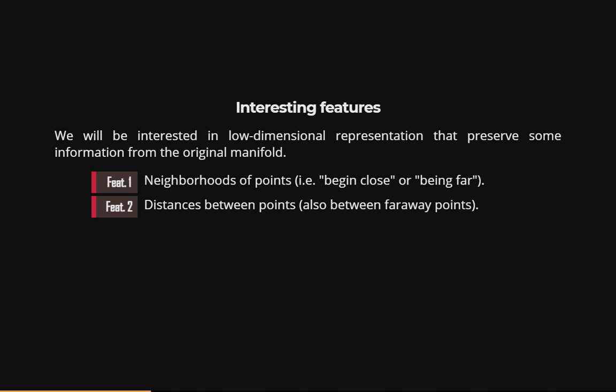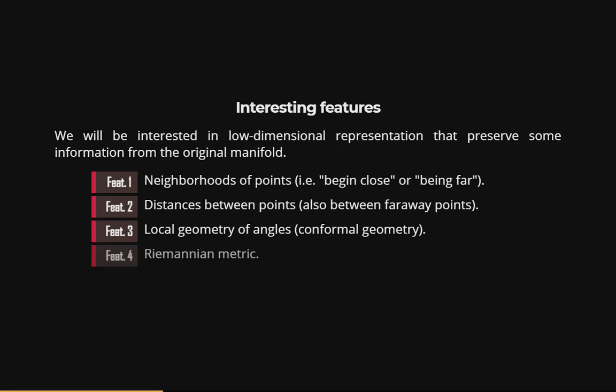And we saw that on a manifold, local and global are quite different, because locally there is always a geodesic, but globally it's not so clear. Local geometry of angles. So if two geodesics are perpendicular, meaning that the scalar product of the tangent vectors is 0, you would like to go down and somehow have perpendicular directions in your representation. Maybe, I'm not saying that I want every item on this list. This is a list of items that one could like to have separately, each on their own.